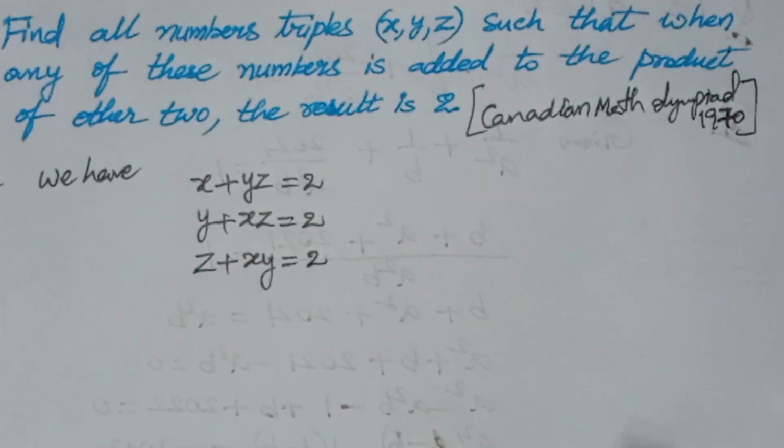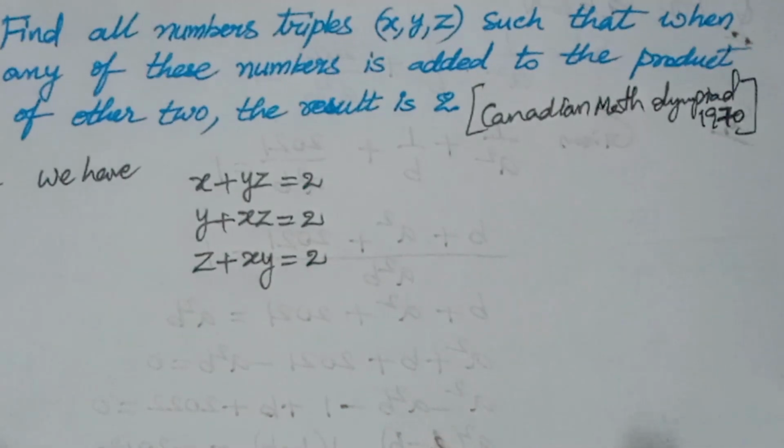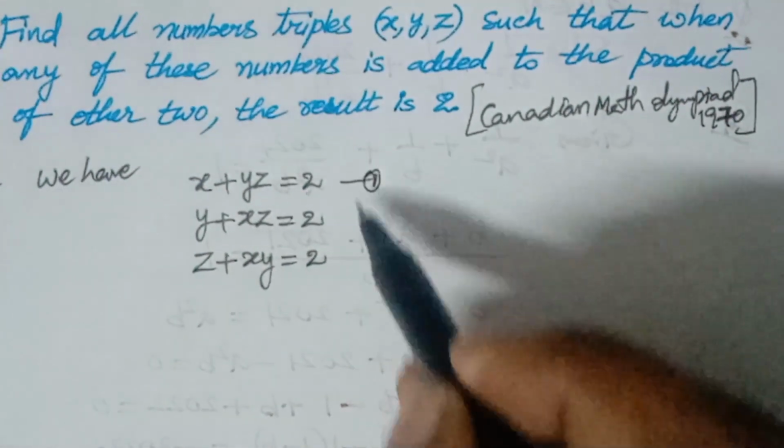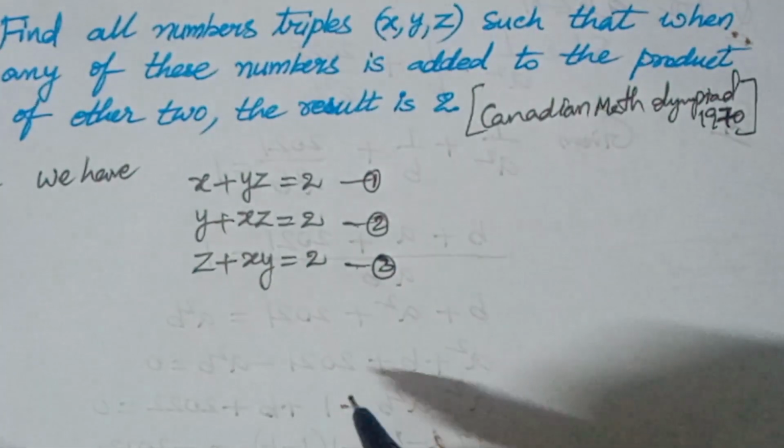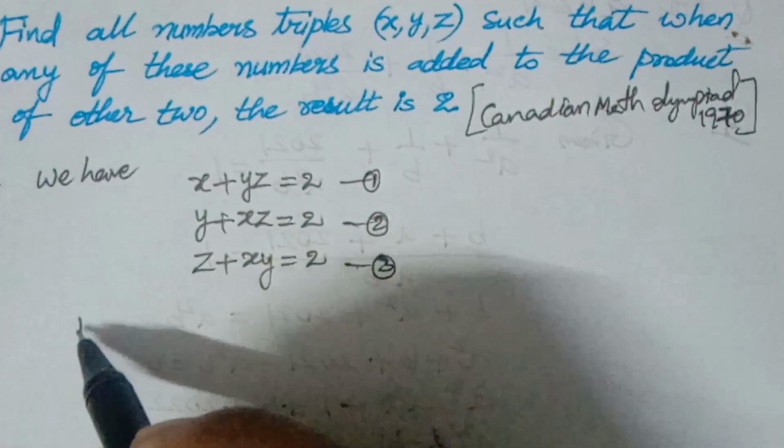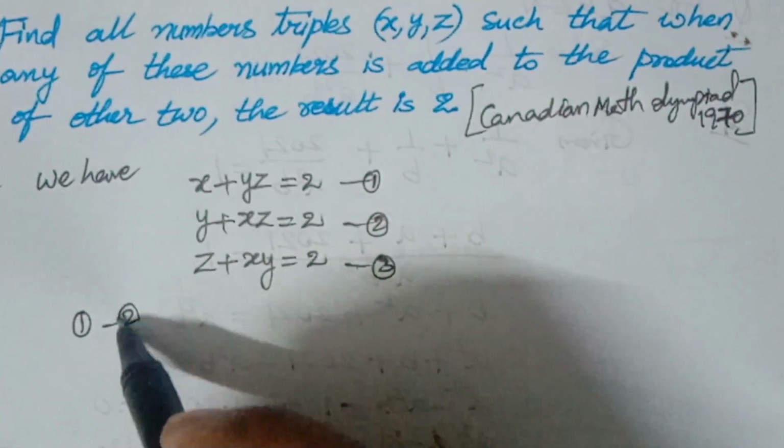So these are the three equations we are getting. Let us take them as 1, 2, and 3. So here the logic is, first subtract 1 and 2.